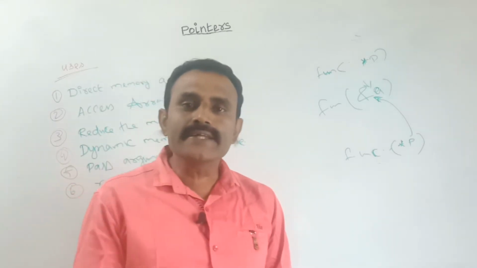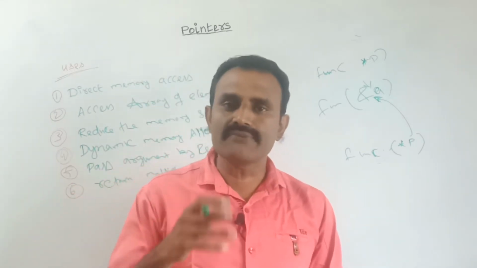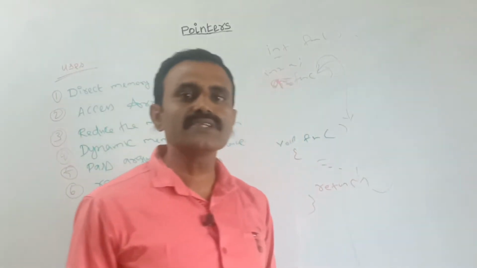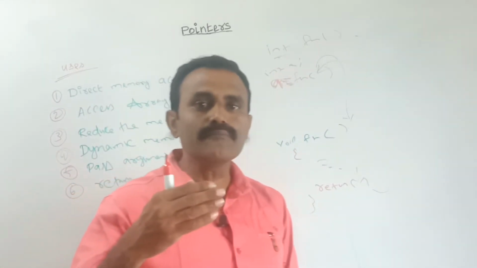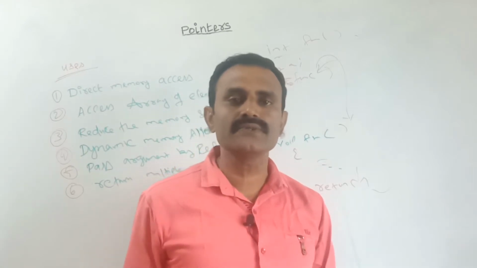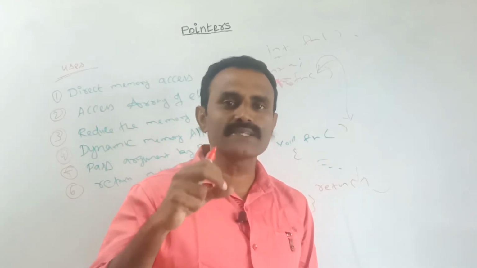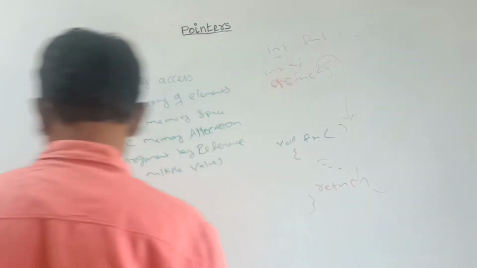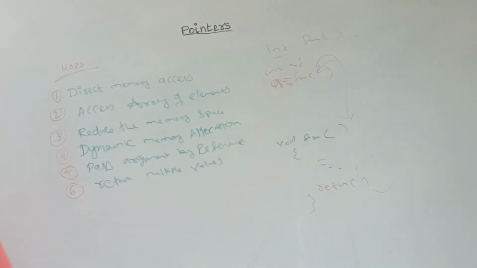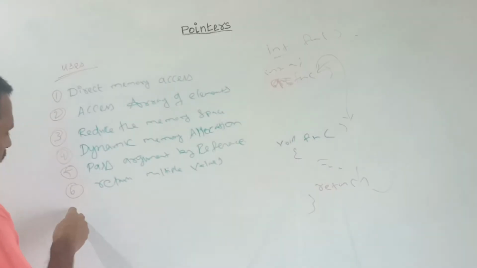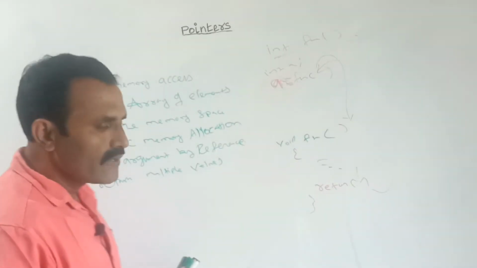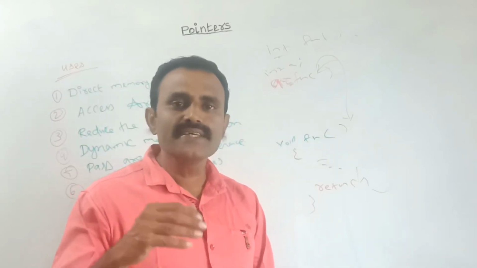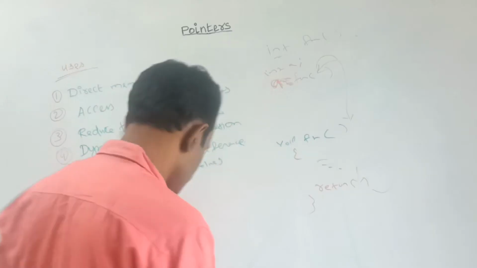While returning a value from the function it returns only a single value. Suppose I want to return multiple values, that is an array of values, then with the help of these pointers we can return more than one value. Next use, we can do system programming. With the help of these pointer variables we can do system programs.